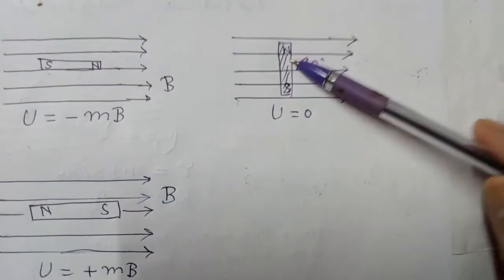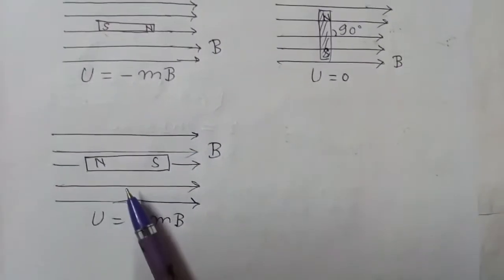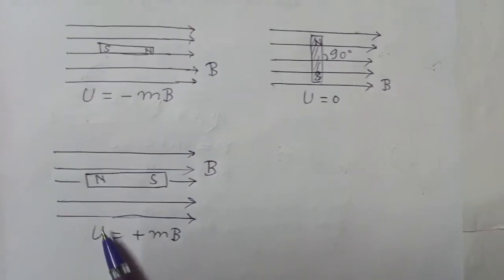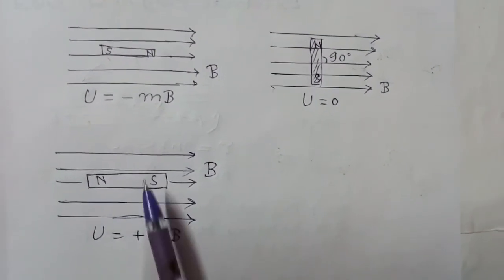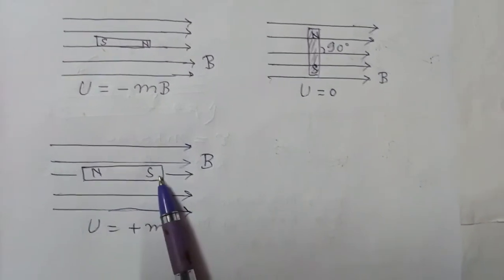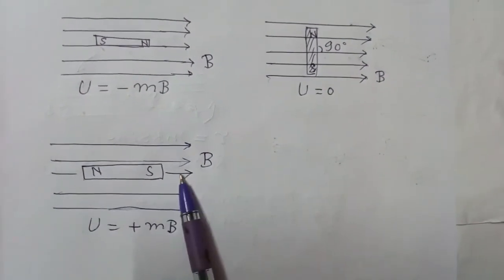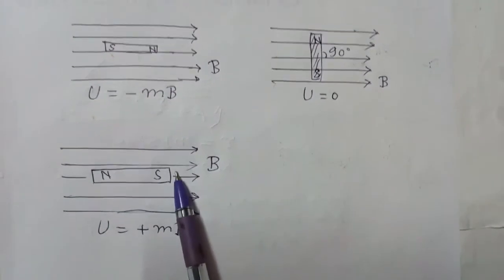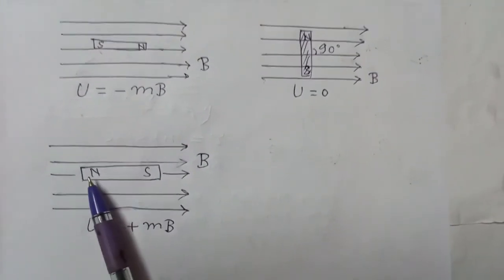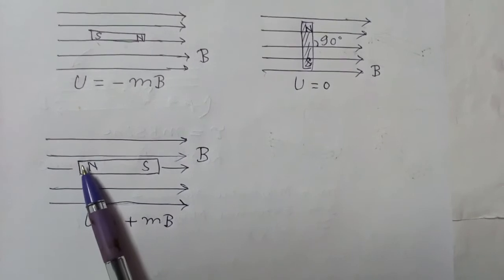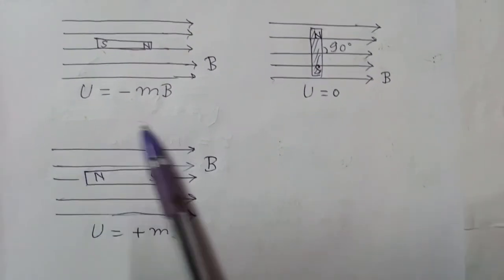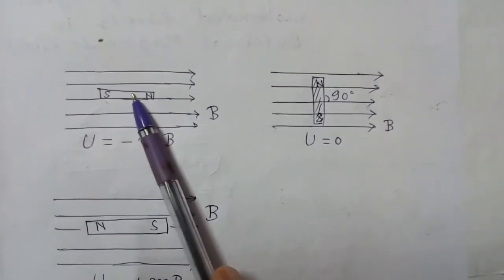This is also an unstable position, but the most unstable is this. Here U is equal to plus MB when north pole is here and south pole is here. Magnet is kept like this. So this is called magnet kept anti-parallel to magnetic field. Now if you slightly rotate the magnet from this position, it will rotate through 180 degree and come to this position.